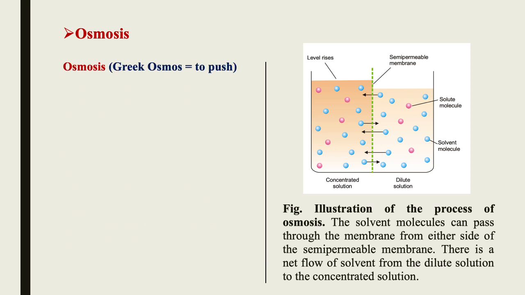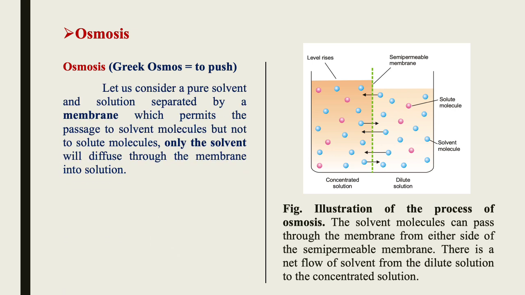So let us see what is meant by osmosis. Osmos is a Greek word, and osmos means to push beyond the membrane. Let us consider a pure solvent and a solution separated by a membrane which permits the passage of solvent molecules but not of the solute molecules.